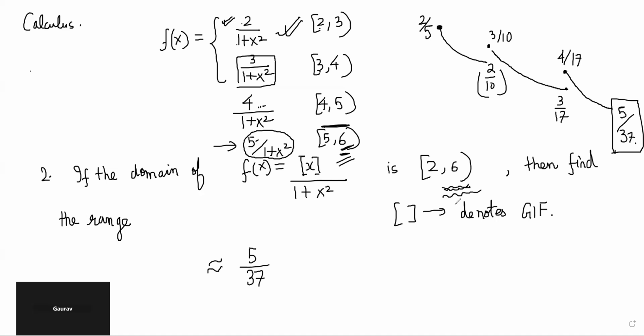It is not included. So if x is not going to be equal to 6, how can the function be 6? If x is coming close to 6 but not becoming equal to 6, can the function be equal to 6? No. So how are you getting 6 then?